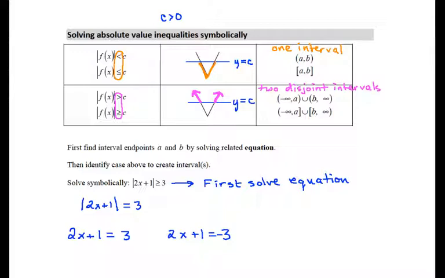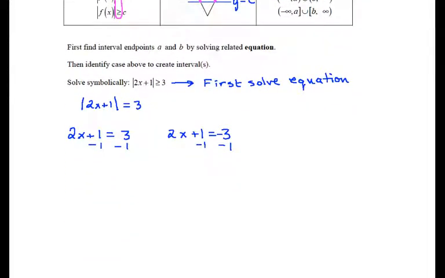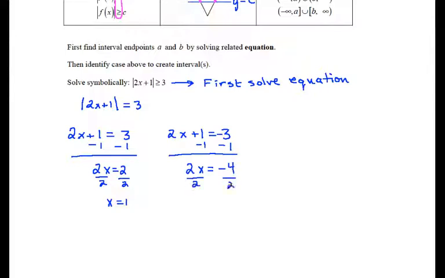And solving these two equations, subtract 1 from both sides all around. I get 2x equals 2 and x equals 1. Here I get 2x equals negative 4. So therefore x is equal to negative 2.